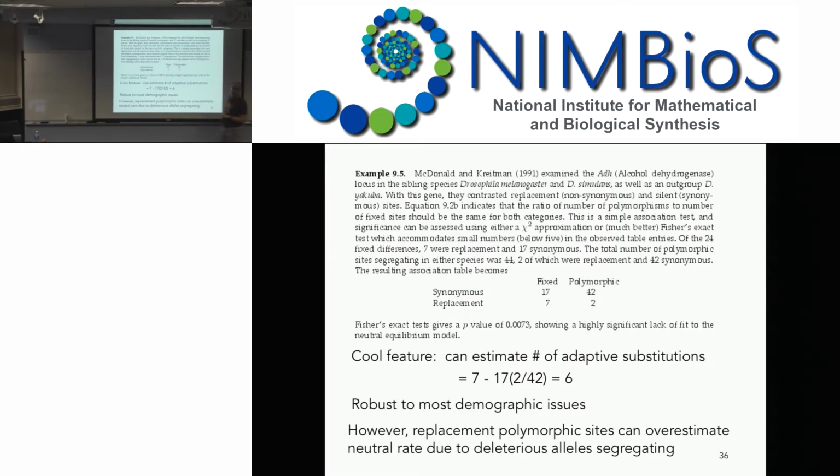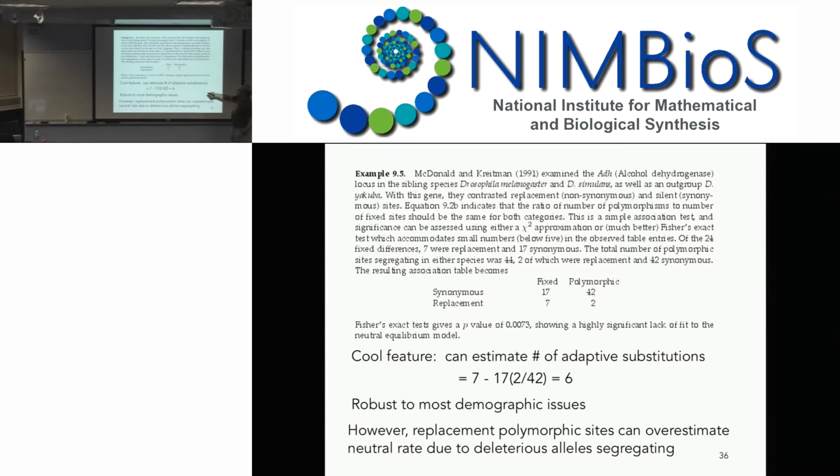I see 7. That tells me I see 6 excess replacements. So what's the fraction of replacement substitutions that are adaptive? It's 6 divided by 7. It's pretty high. This approach we'll talk about, I think, on Wednesday, about estimating the fraction of adaptive substitutions. We'll talk about problems with that approach. We'll also talk about what the data seem to show.